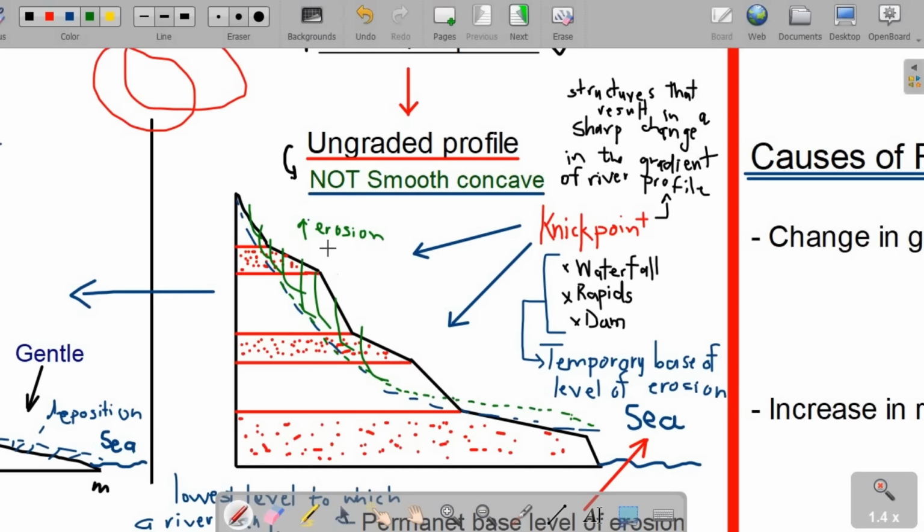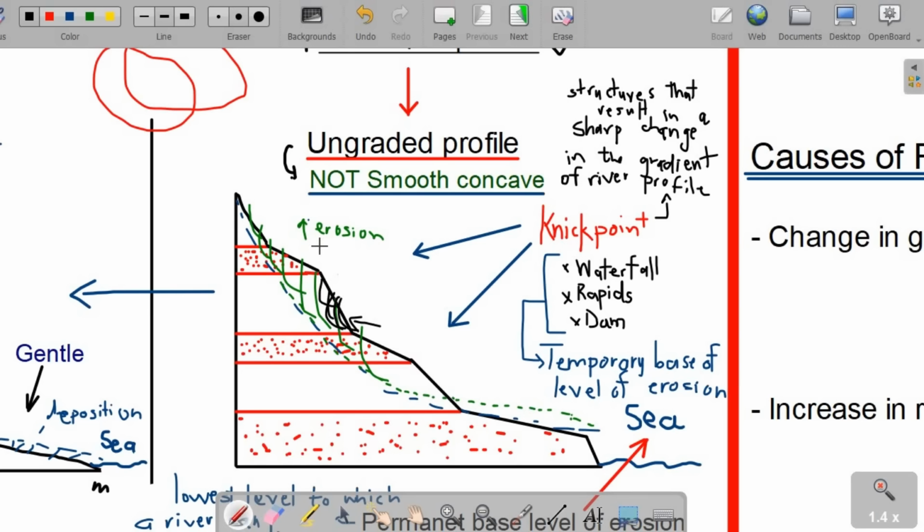Erosion can be downward erosion, and it can also be headward erosion. We talked about headward erosion when we were discussing the formation of waterfalls, where the river erodes going backwards.